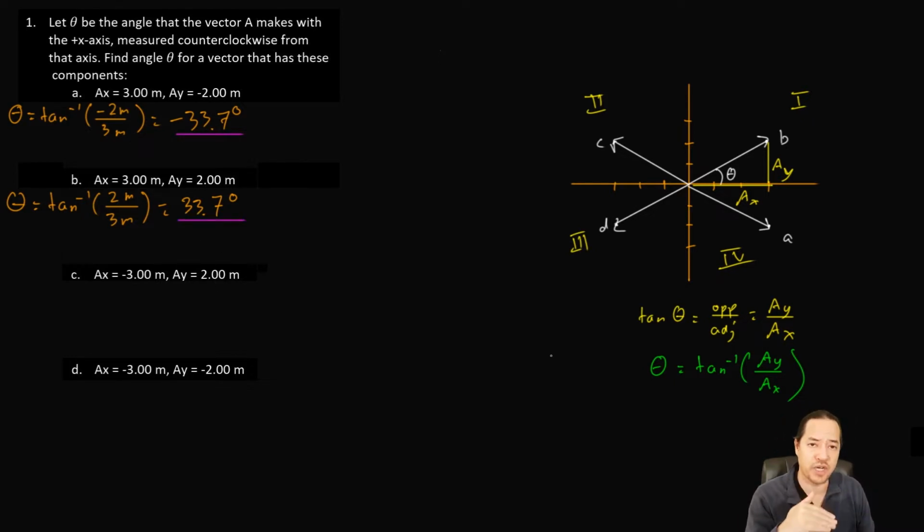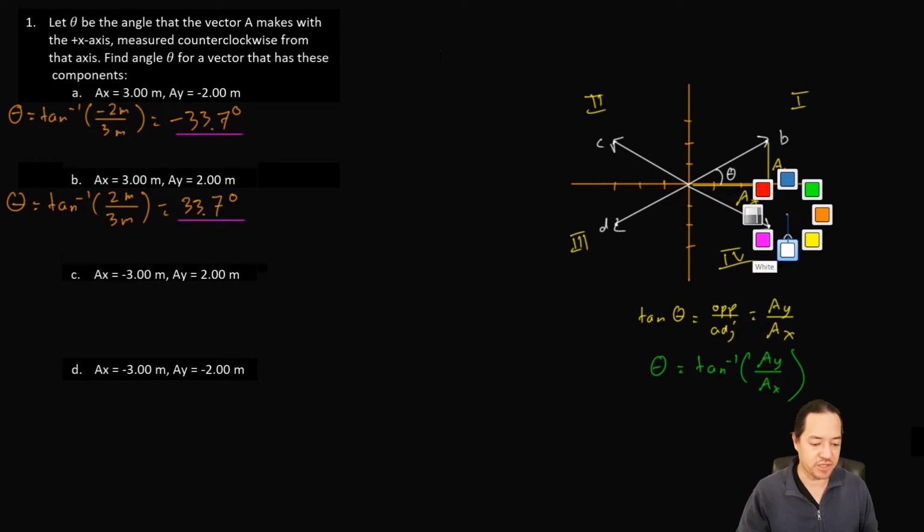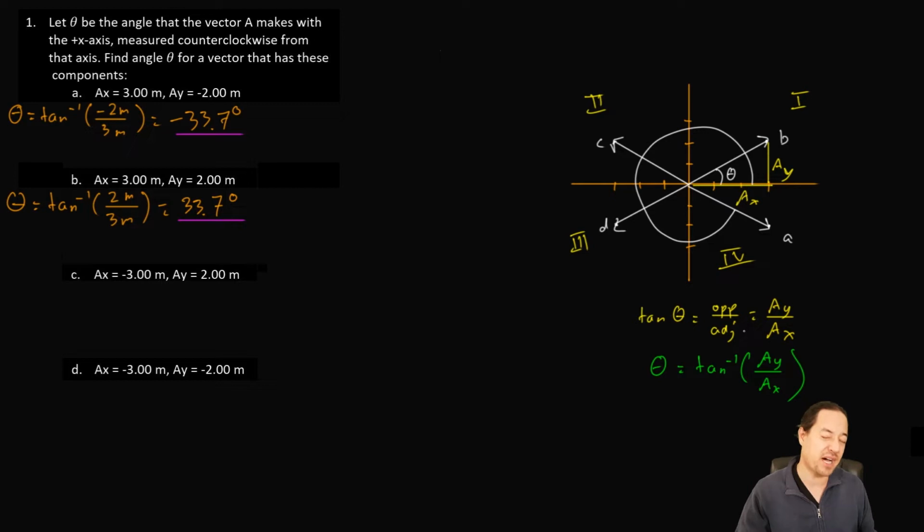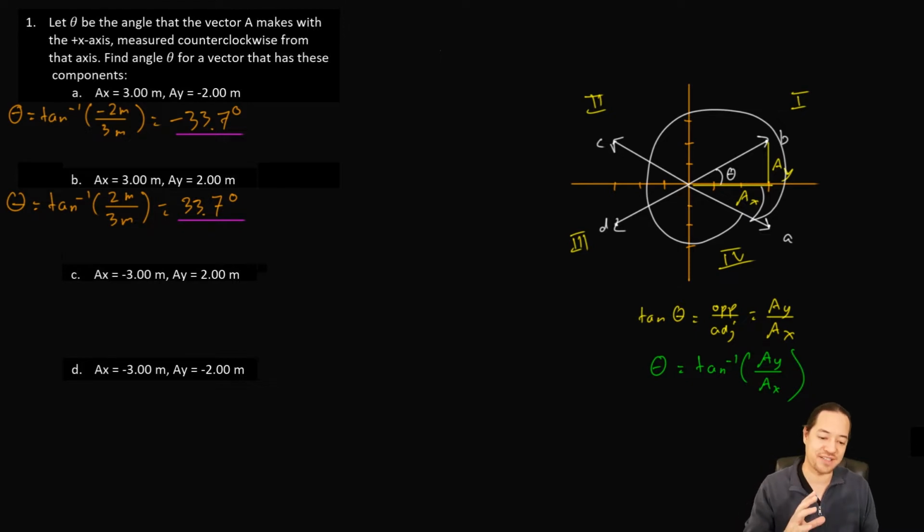But if we want theta to be defined as we move counterclockwise from the positive x-axis, we want it to be a positive number. How can we do that? Well, what we've done is we've moved this way, clockwise, 33.7 degrees. If we then add 360 degrees, it'll bring us back here and it will give us a positive number, right?